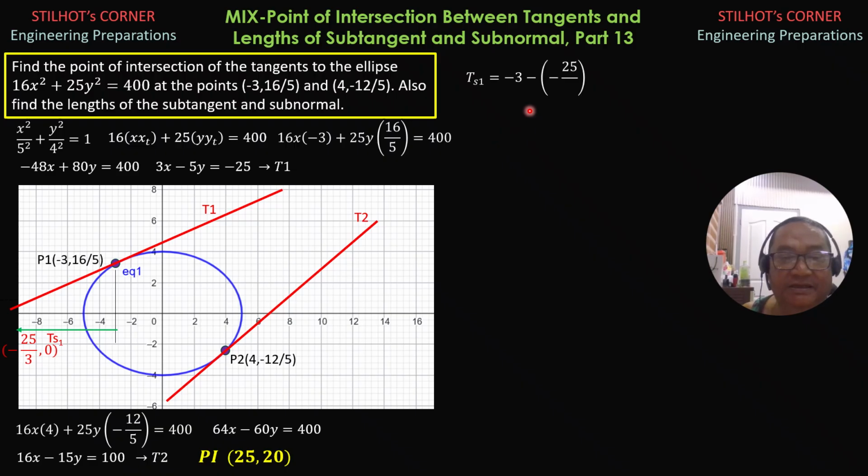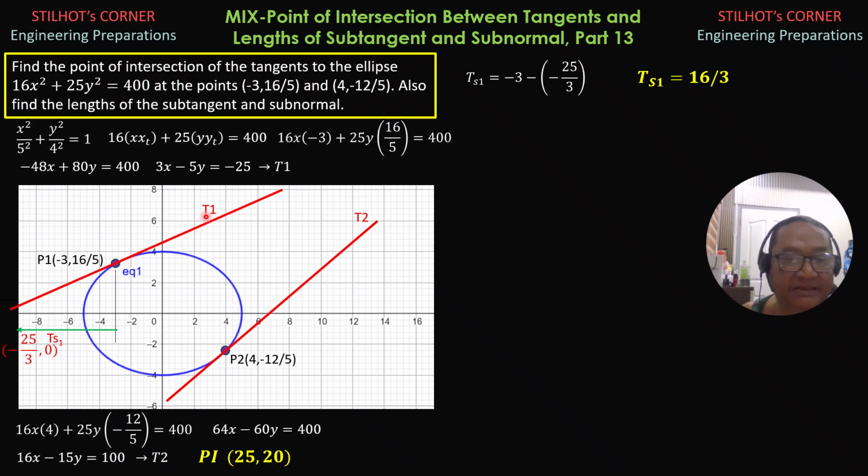So TS1 is negative 3 minus quantity negative 25 over 3, and that is equal to 16 over 3.